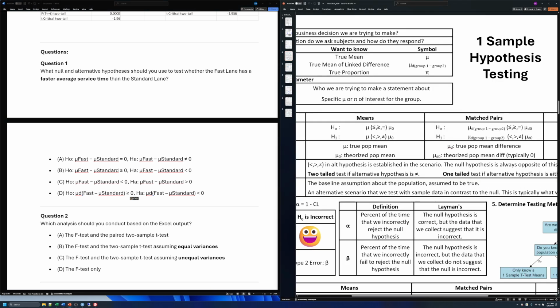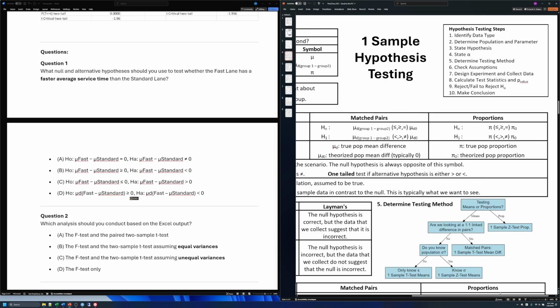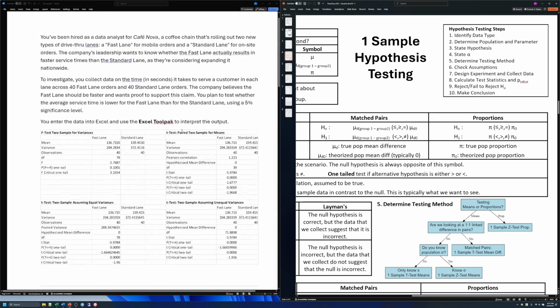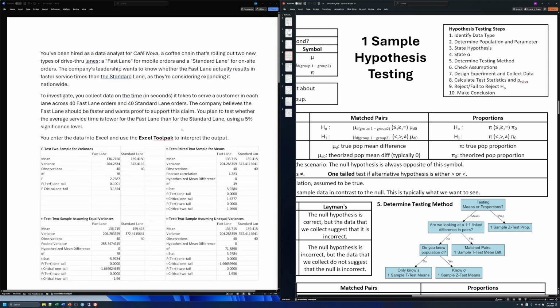Matched pairs is kind of interesting. It floats between one sample hypothesis testing and two sample hypothesis testing because yes, we have two measurements, but we're really interested in the difference based on an individual person or something that is linking those two measurements together. So we need to see if there's anything linking the fast lane order with the standard lane order.